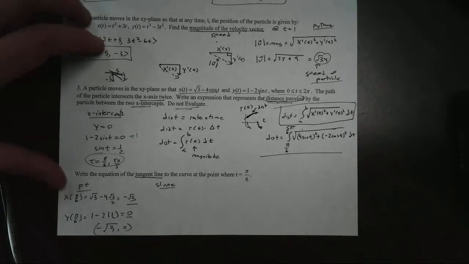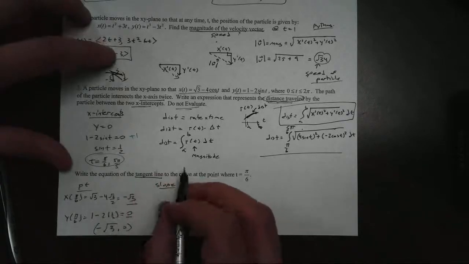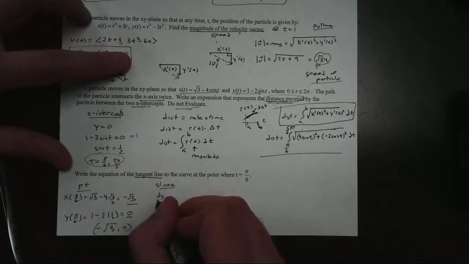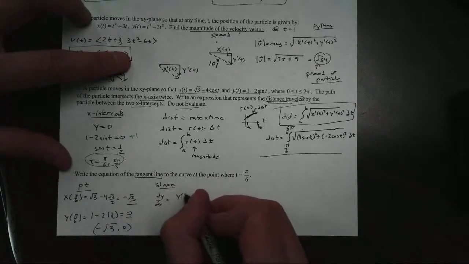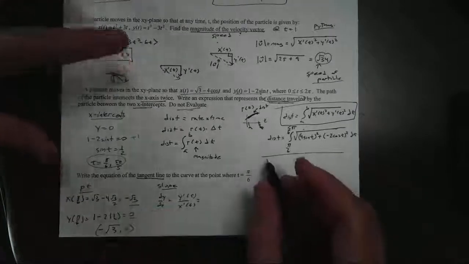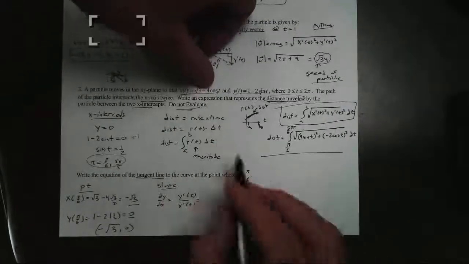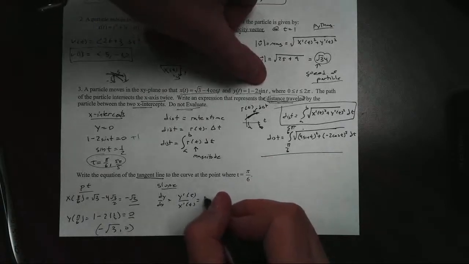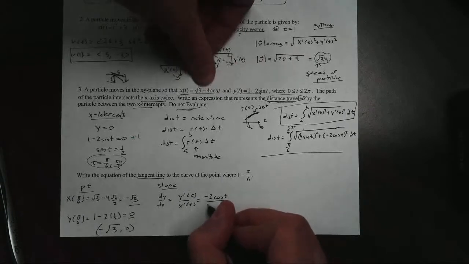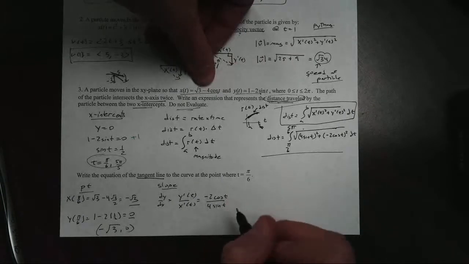To get the slope, remember it's change in y over change in x. From parametrics, we learned that this is just y prime of t over x prime of t. That gives me negative 2 cosine of t over positive 4 sine of t.